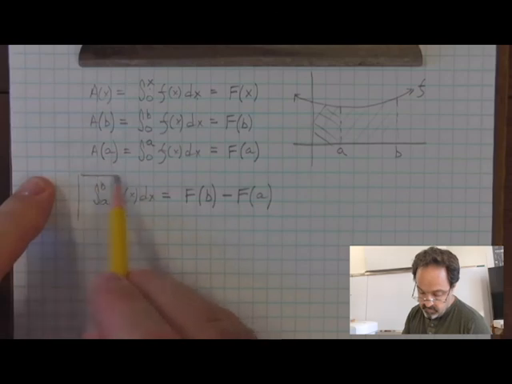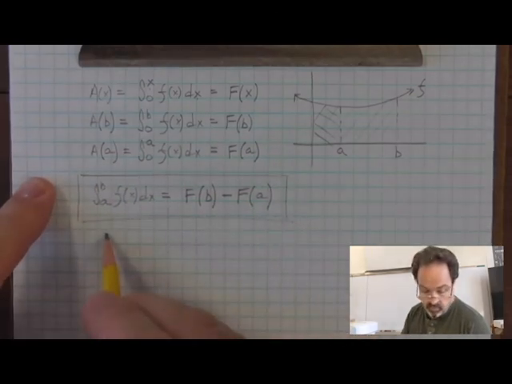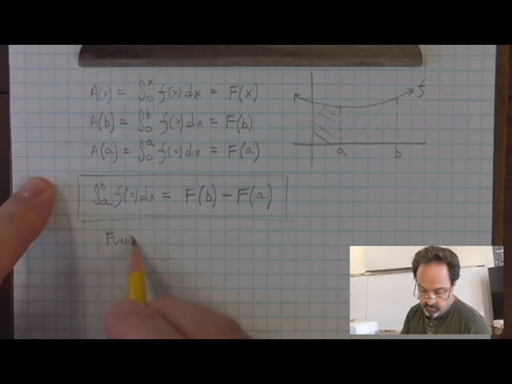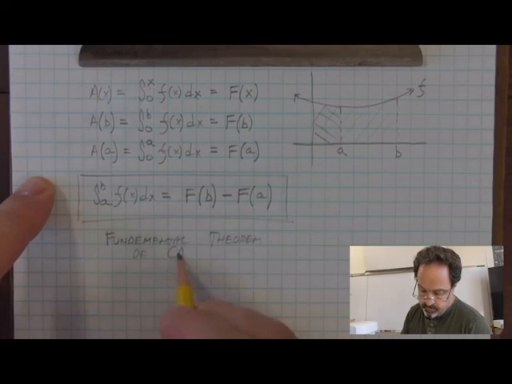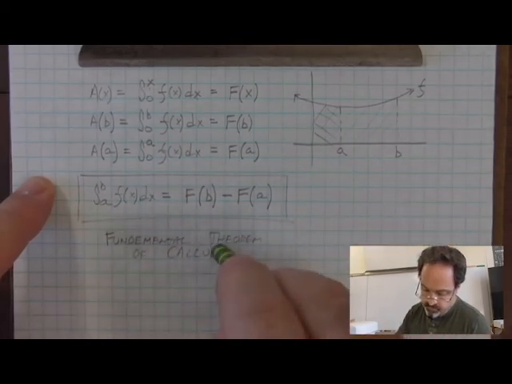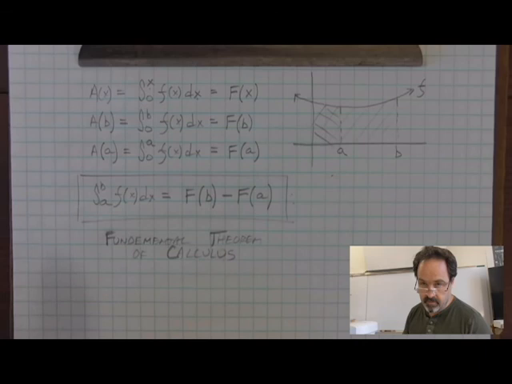And because this mathematical truth is so useful, it has been called the fundamental theorem of calculus. And it has an abbreviation, FTC, but it's part 2.